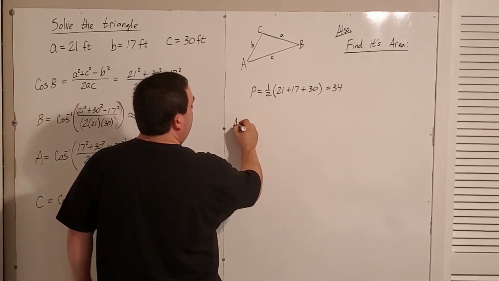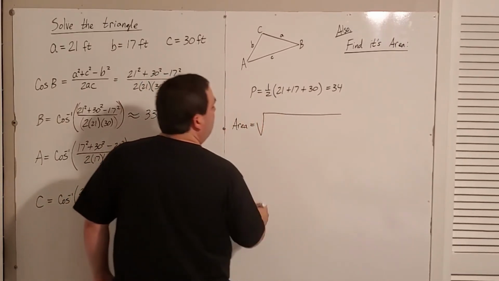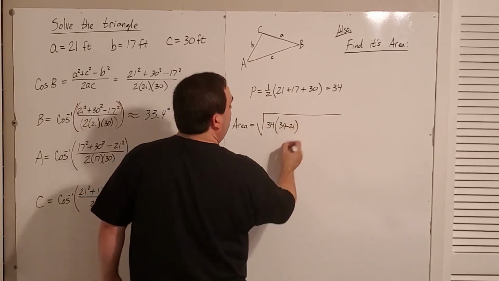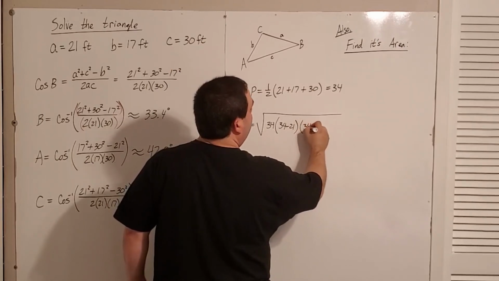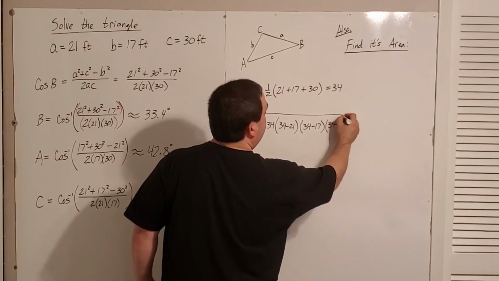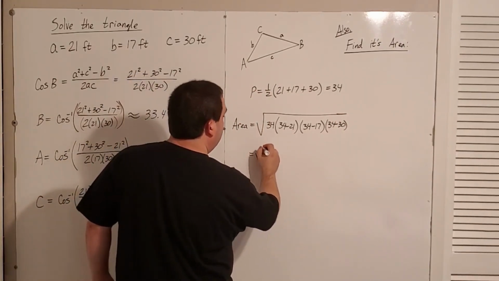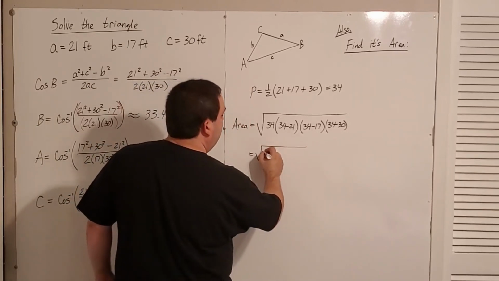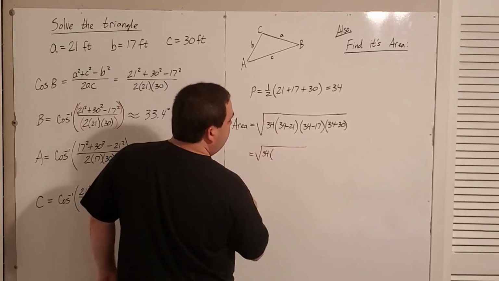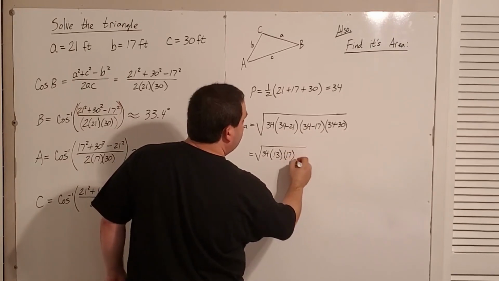So then my area, according to Heron's formula, is going to be the square root of 34 times 34 minus 21 times 34 minus 17 times 34 minus 30. So let's simplify that a little bit, and then we'll punch it up in the calculator. I've got 34 times 34 minus 21 is 13. 34 minus 17 is 17.